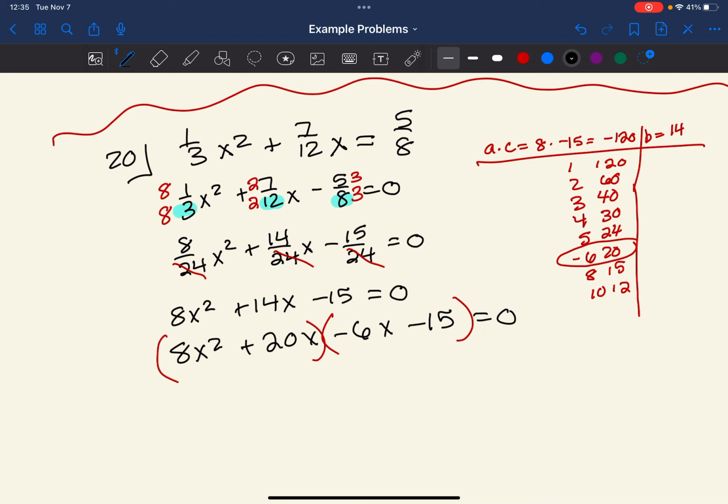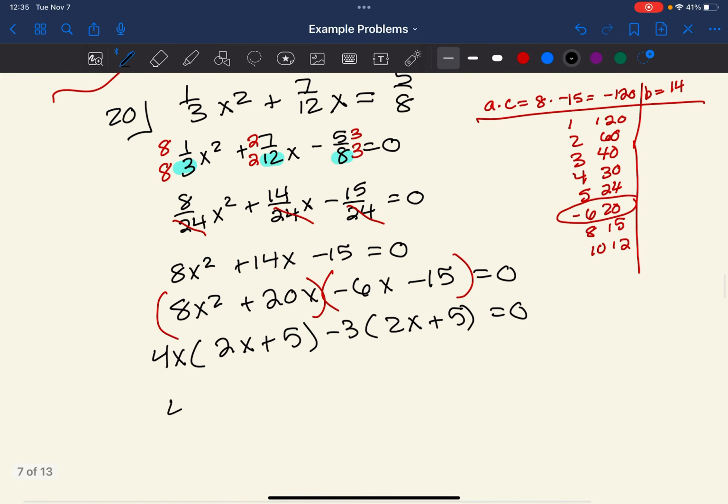So for the first one, we can take out a 4x, and we are left with 2x plus 5. And since we want our parentheses to match, we can take out a negative 3, and we are left with 2x plus 5. So that means I have the factors 4x minus 3 and 2x plus 5 is equal to 0.